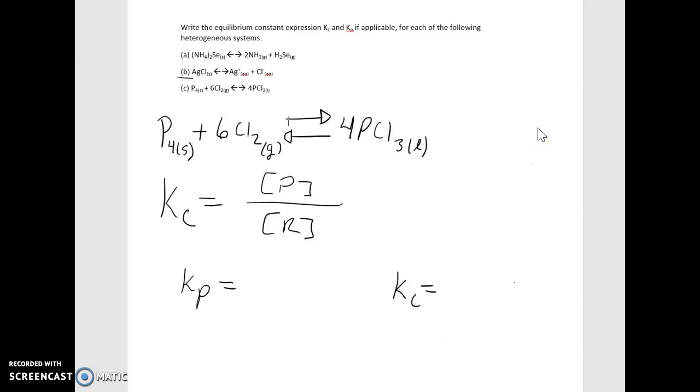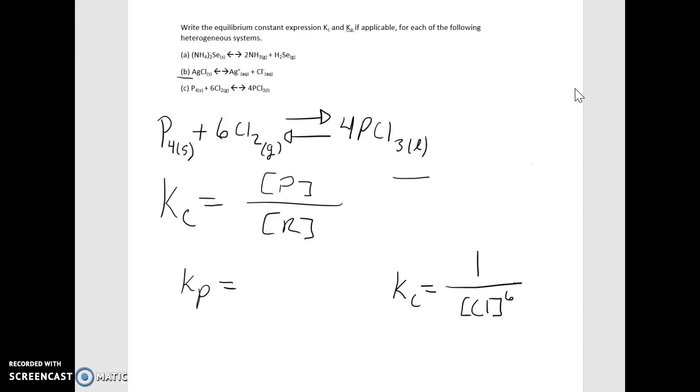So therefore, for our products, we cannot put the phosphorus trichloride, and therefore we have to put a 1 because we can't put anything there. And then for our reactants, we cannot put phosphorus, but we can put chlorine. So we're just going to put chlorine there on the bottom. And then because of the 6 moles for chlorine, we have to put that to the 6th power.